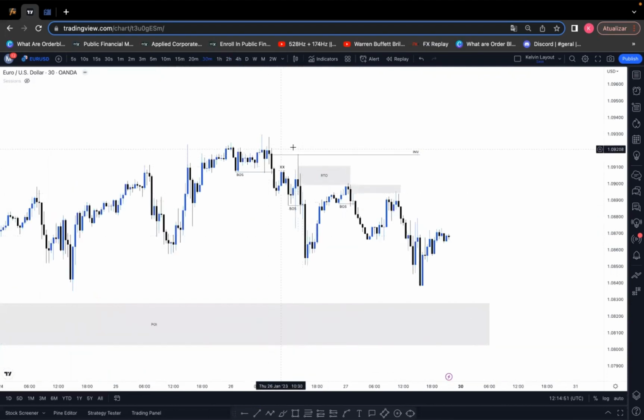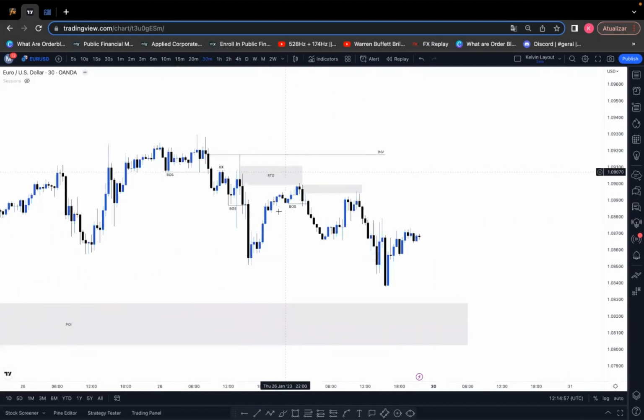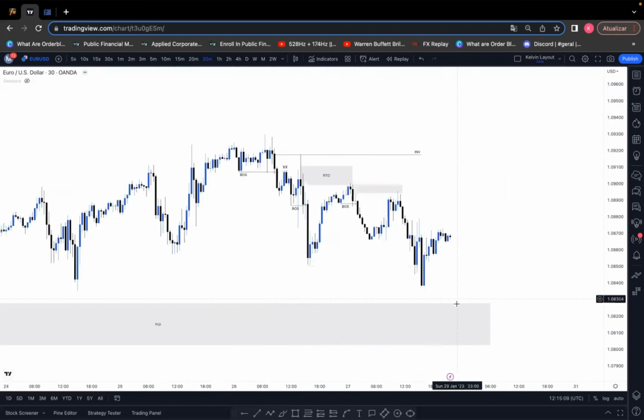We had the mitigation, which provided an invalidation point, then we had the second break. Price had a point of interest right here. Then we had this 15 minute change of character within this hourly range high and low. Price came back, and now we're seeing price coming towards this point of interest.